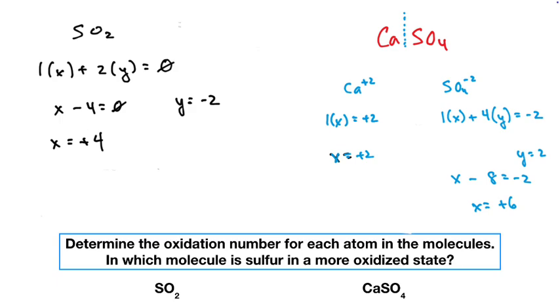It's lost more electrons. Okay, which means the number should be bigger. Okay, bigger gets a little bit dangerous, so I would argue more positive. Okay, as long as you keep them straight, it doesn't matter. Which number is more positive? Plus 6 is more positive than plus 4, which means our calcium sulfate is the one that was more oxidized. Make sense?